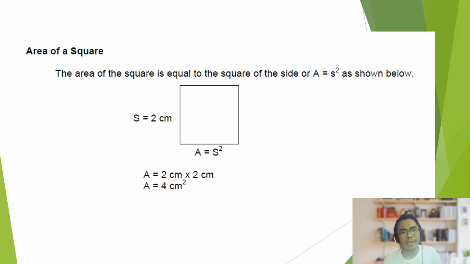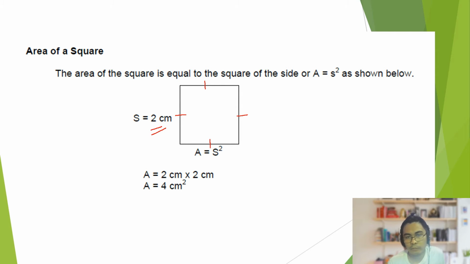Now, as in the case of the square naman, wherein, diba, square is defined as having 4 equal sides. Since this side is equal to this side, also to this side and to this side, they are equal. Therefore, the length and the width have equal measures.